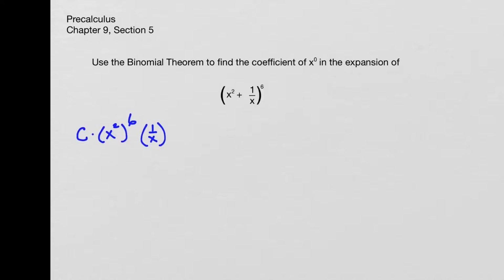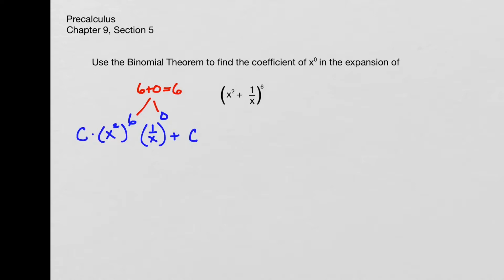I like to throw this in because what I want to keep in mind is that my two exponents here always have to add up to 6. So I have 6 and 0. A lot of times the book will just skip writing that 1 over x to the 0 power, which is fine in practice, but I wanted to be really clear as to what was going on.